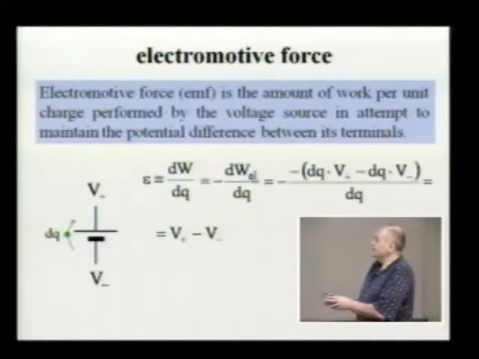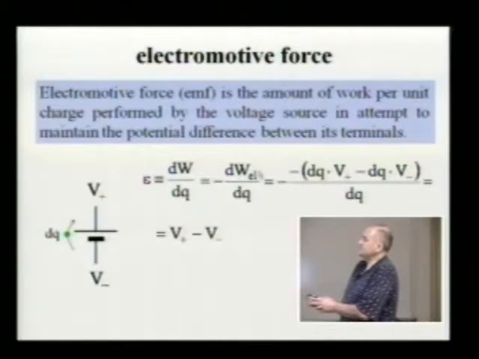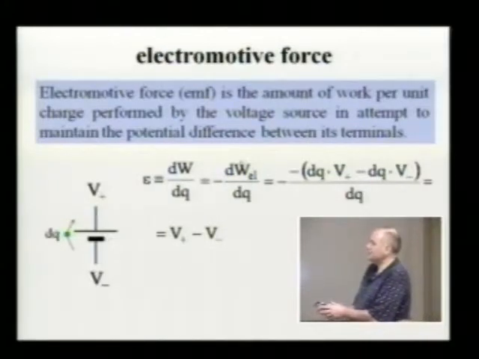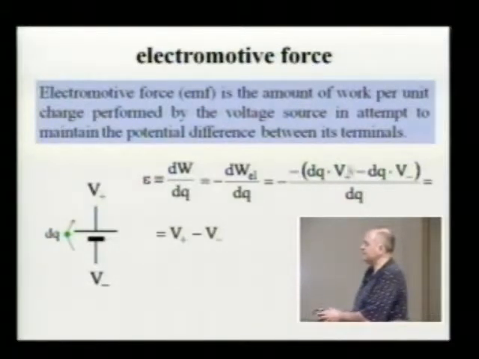Now, I can write down explicitly this electrical work, using, for example, the concept of potential energy and potential. Electrical work is opposite to the change in potential energy. So I wrote change in potential energy. I put that minus, and now this is potential energy of the charge when it is over there, and this product represents potential energy of this charge when it was here.